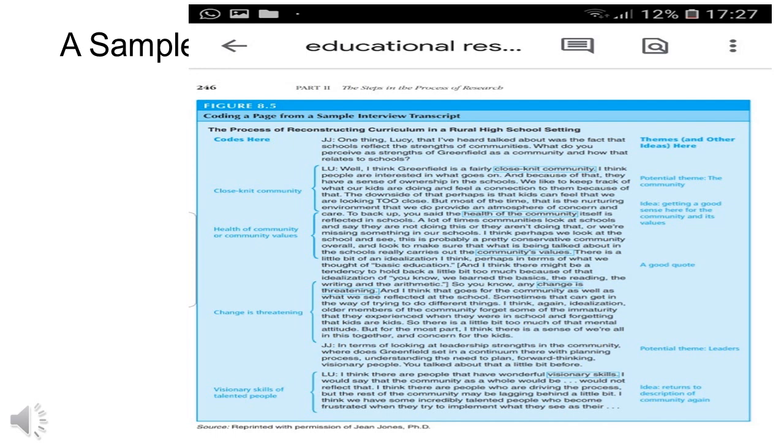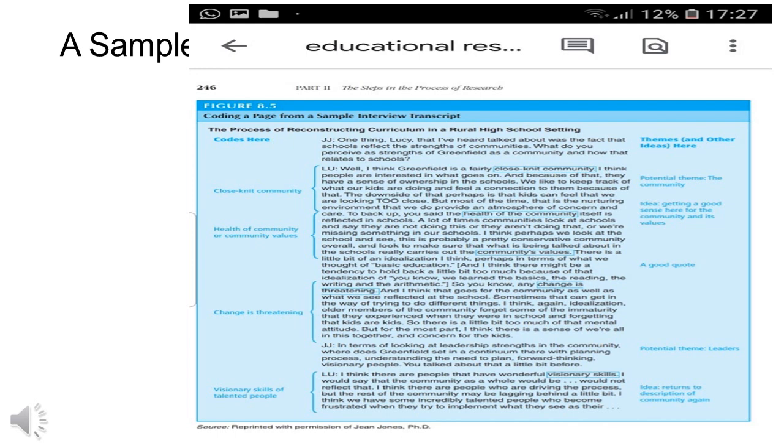By the way, the topic is the process of reconstructing curriculum in a rural high school setting. So the potential theme developed in the beginning is the community. Then below he puts an idea, getting a good sense here for the community. Then he can also note down good quotes by bracketing them or by circling them.